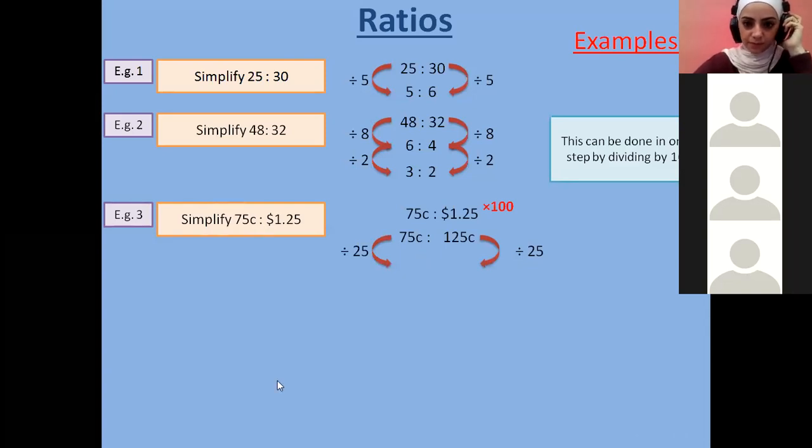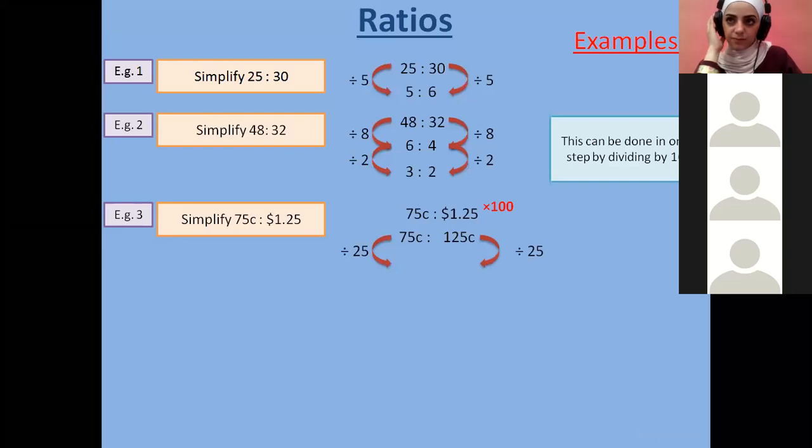Now we can divide by 5 to get 15 and 25. Then 15 to 25, we're going to divide it by 5 again, to get 3 to 5. Excellent, yes.